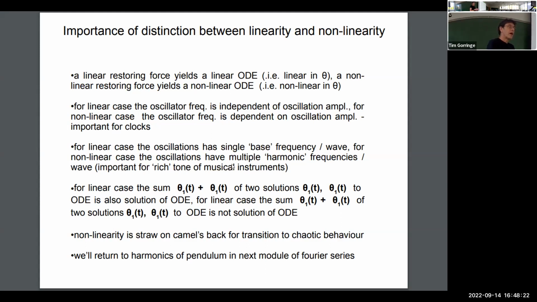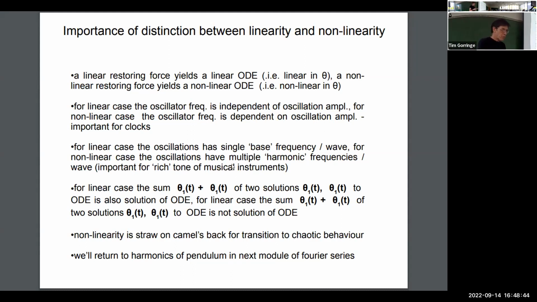So if you make the amplitude of the oscillations bigger in the nonlinear case, then the period gets longer and the frequency gets shorter. So in the nonlinear case, the system isn't characterized by a single frequency.